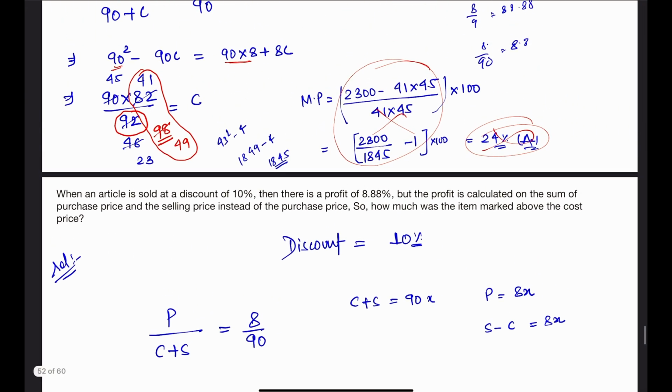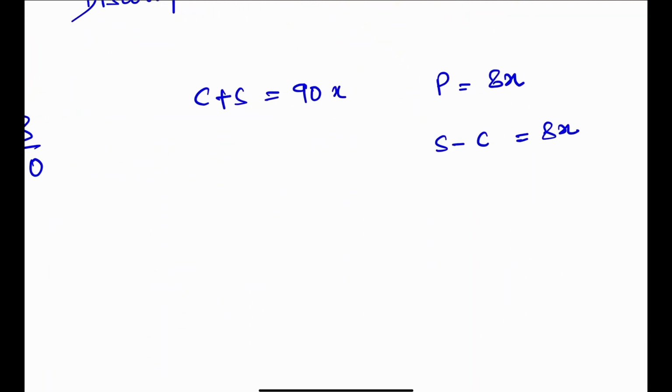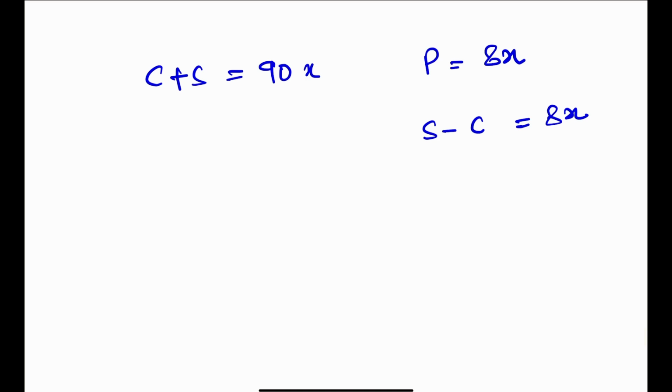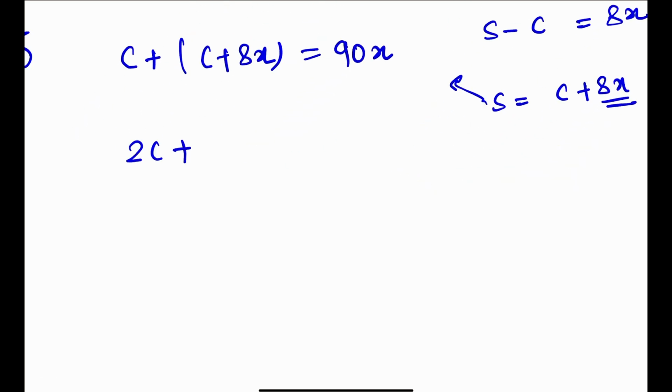Here, a lot of calculation is there, 90 squared and 90 minus C, but here let's see how it is solved. So I can say that my S will be C plus 8x, right? Now this S, let's replace here. So C plus 8x equal to 90x. It will be 2C equal to 82x.